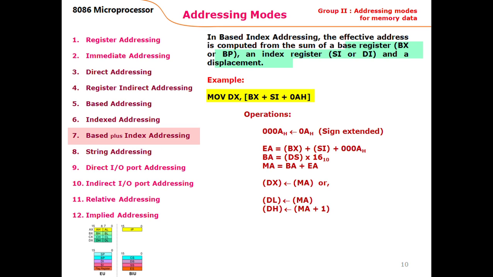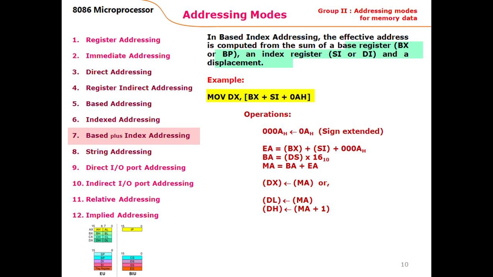These are the addressing modes that are part of this lecture. So, base plus index addressing mode. In base plus index addressing mode, the effective address is the address which is to be added with the starting address of the segment.